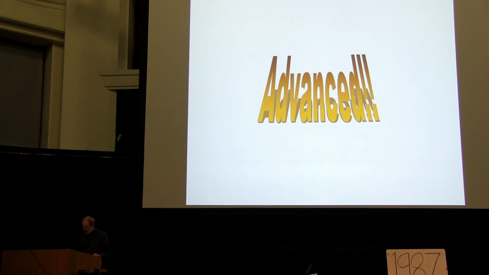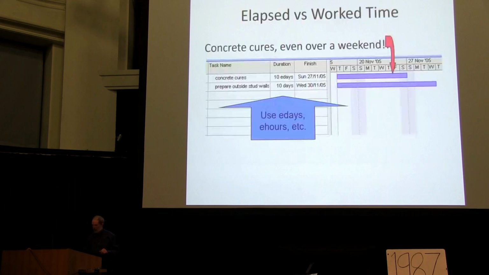Just one more advanced concept. It's along the lines of if one person can have a baby in 9 months, it doesn't mean that 2 people can have a baby in 4.5. There's something called elapsed time. It basically says you can't beat this time because paint has to dry, concrete has to cure.